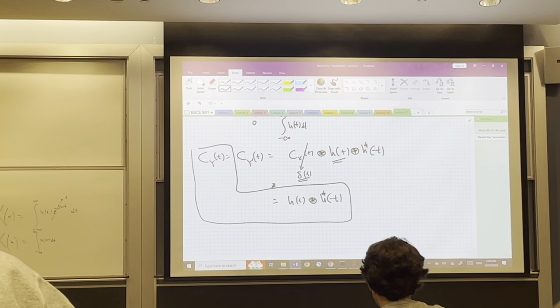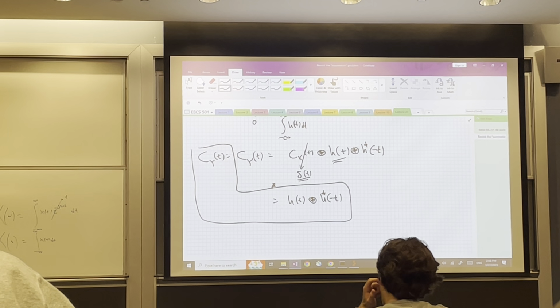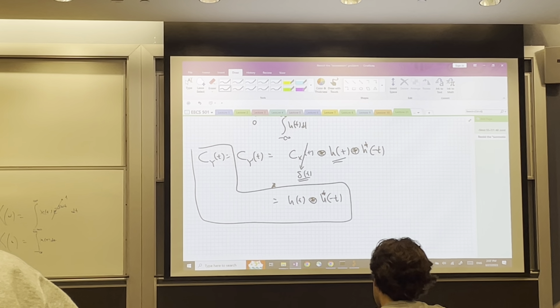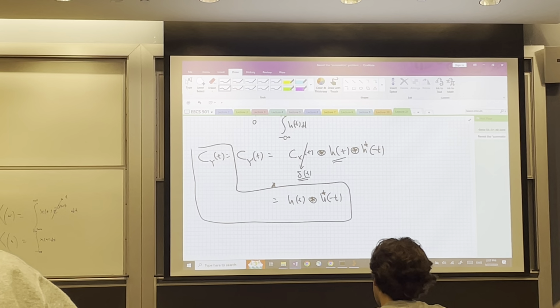Think about this problem, and in the back of your mind, think about the previous problem. Look, they're kind of the same. There I wanted to find a matrix, here I want to find an h, such that when I do this weird operation, A multiplied with A transpose, that's a weird operation between h and h star, right? Convolution with minus t. It will give me a known matrix. Well, it will give me here a known function.